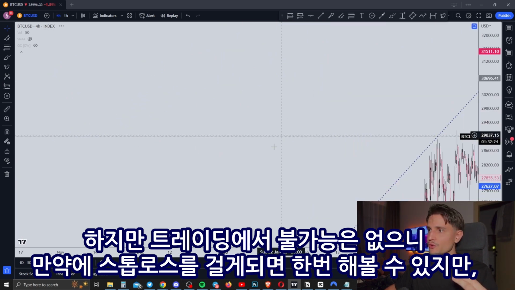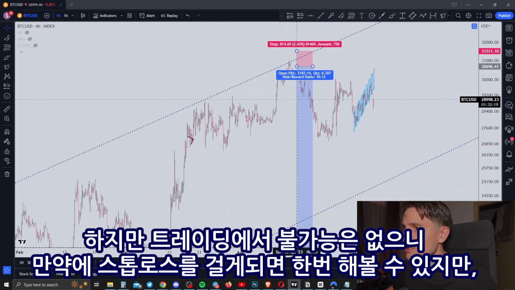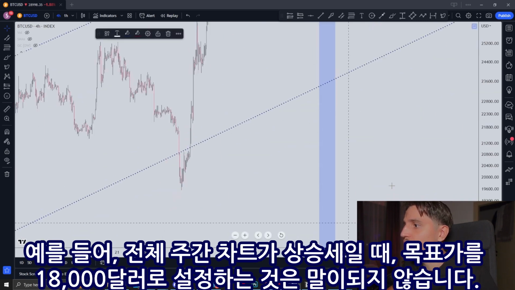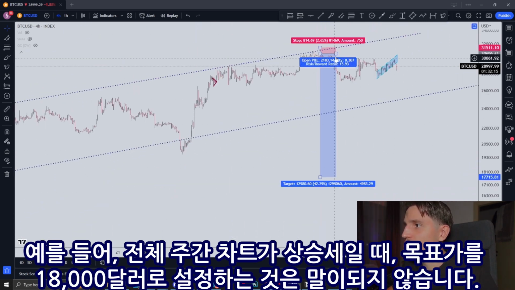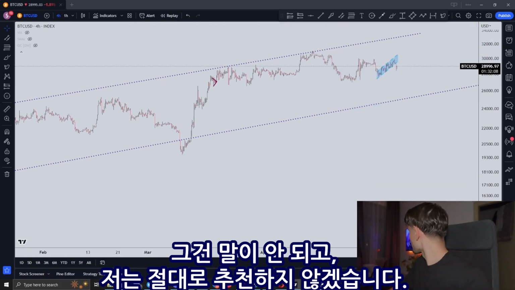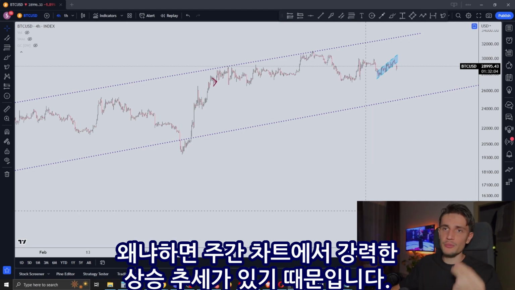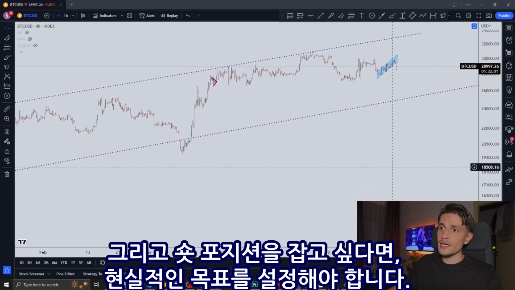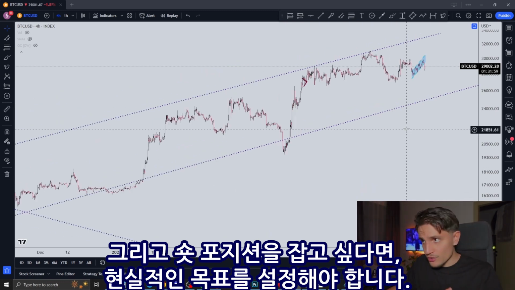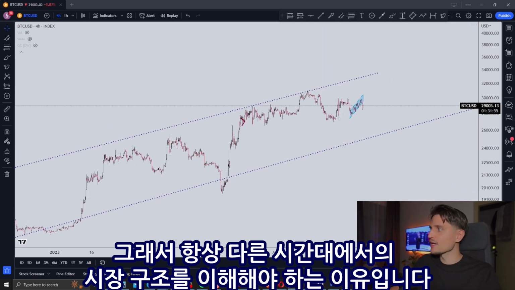Like, it is possible, of course, everything is possible in trading, but it just doesn't make sense to set your take profit around $18,000, something like that, for example, when the overall weekly time frame is bullish, guys. It just doesn't make sense, and I would definitely not recommend it, because we have a very strong uptrend on the weekly time frame, and if you want to enter potential short trades, right, you have to set realistic targets. So this is why you always have to understand different market structures in different time frames.